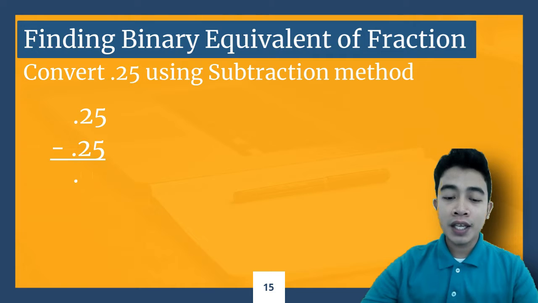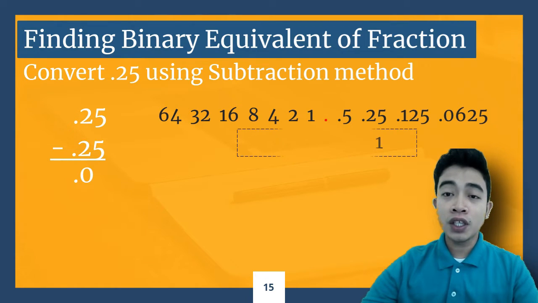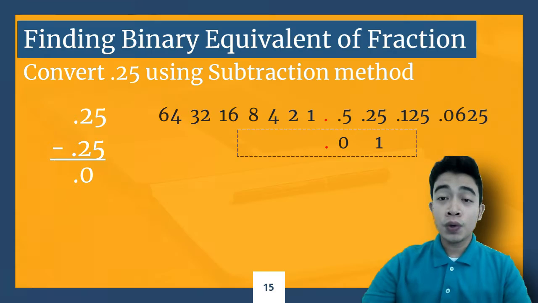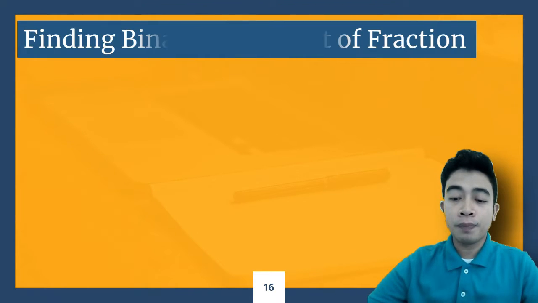We need to place 0 on 0.5 because it cannot be subtracted, and we need to put 1 on 0.25 since 0.25 can be subtracted by the number 0.25. So the answer is 0.01.